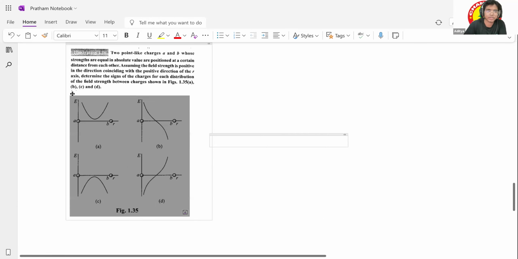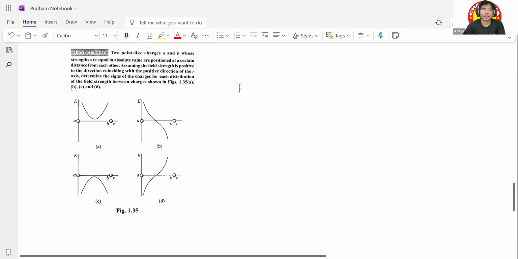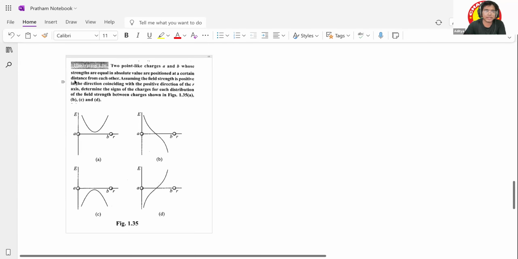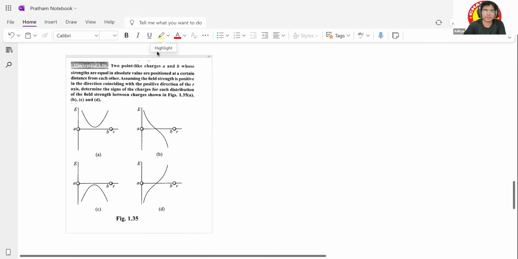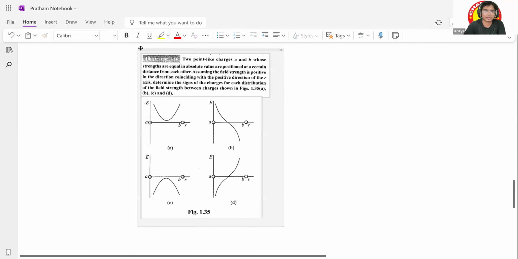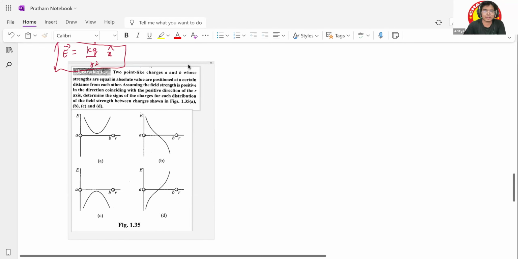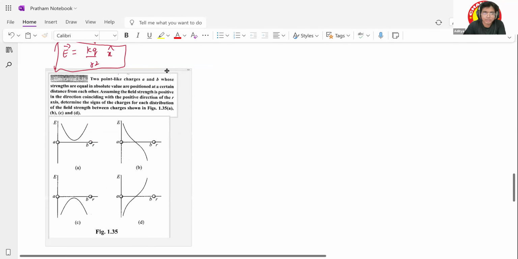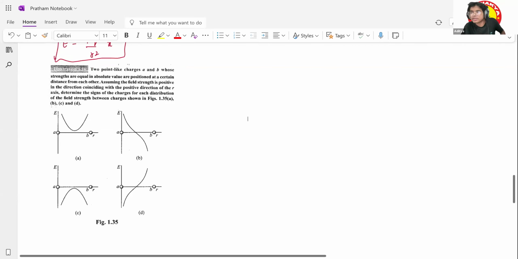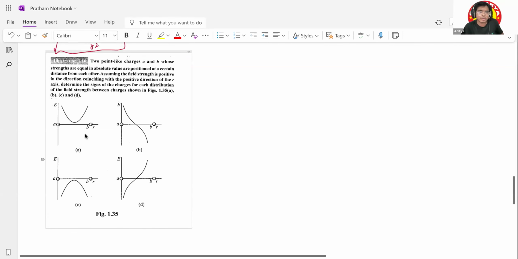This is the next problem we have to take. It's actually a good problem. I'm giving you 3 minutes to try and understand it. If you aren't able to do it, I will explain it.